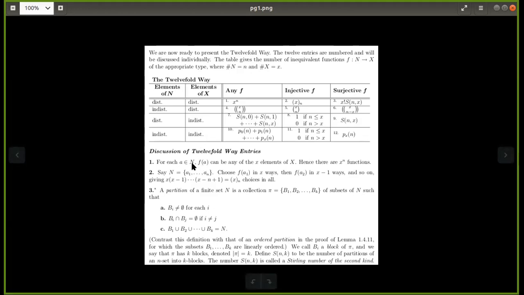When both the elements of n and x are distinguishable, you see that for any a you choose in n, f of a can be chosen in x many ways, because it has x choices. And this is true for any element a of n. Therefore, the total number of functions is exactly x raised to n.